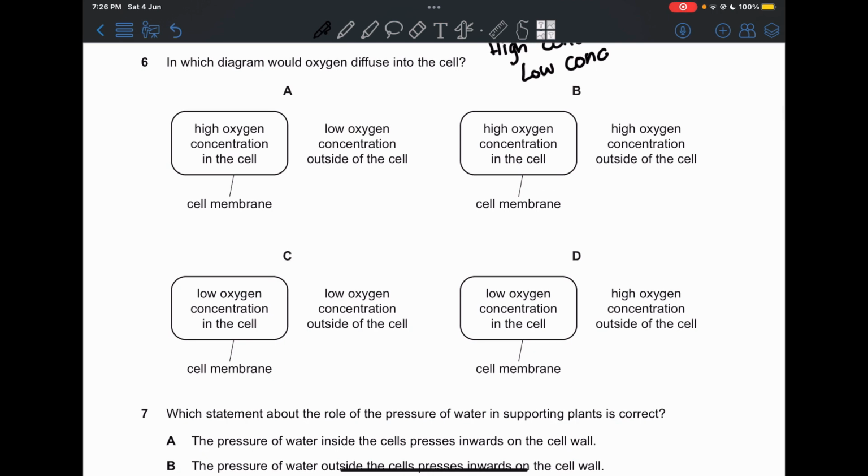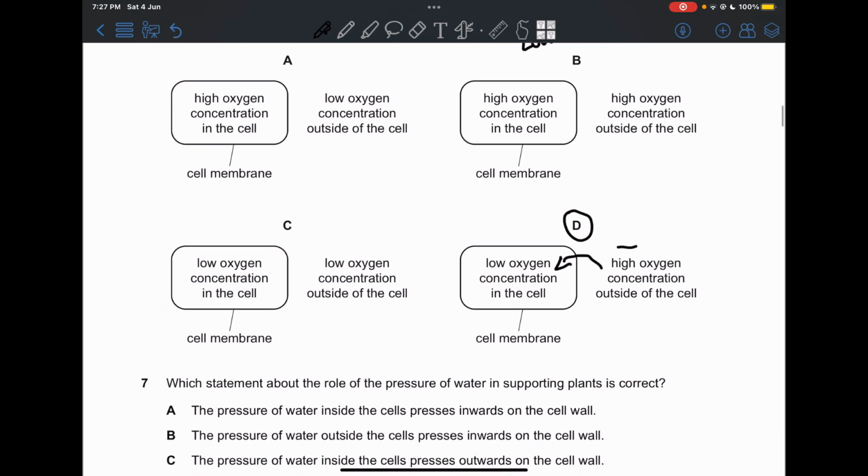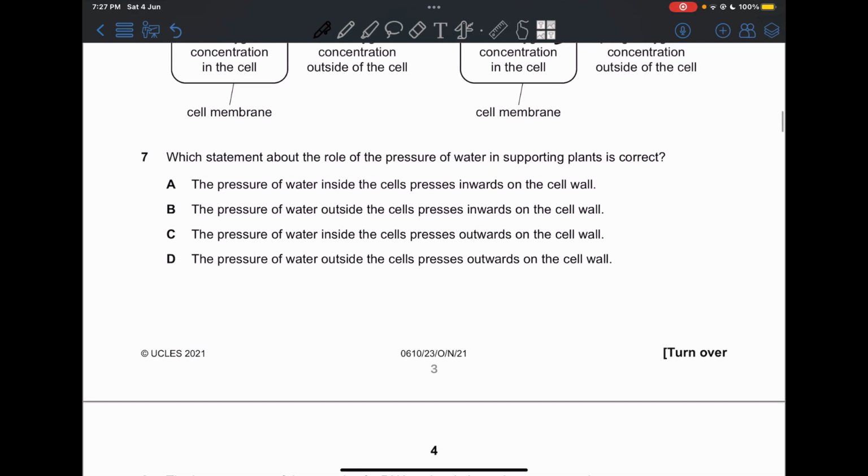We want the oxygen to diffuse into the cell, so we have to choose the cell having low oxygen because, as we know, oxygen diffuses from high to low. So we're going to be choosing option D because it's high oxygen concentration outside the cell and low inside the cell. So it's going to be moving inside over here. So that's going to be our answer, D.